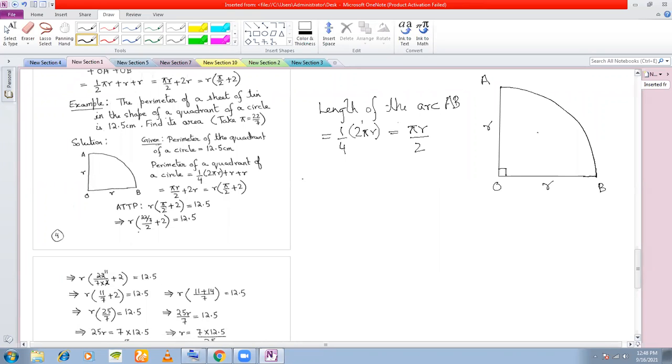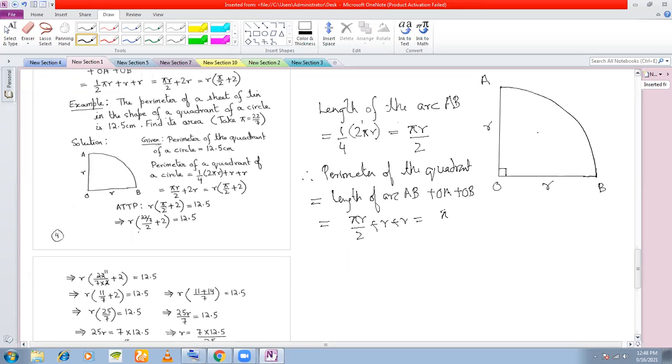Okay. Therefore perimeter of the quadrant is equal to length of arc AB plus OA plus OB, just as I showed you earlier, is equal to pi r by 2 plus r plus r, which is equal to pi r by 2 plus 2r.